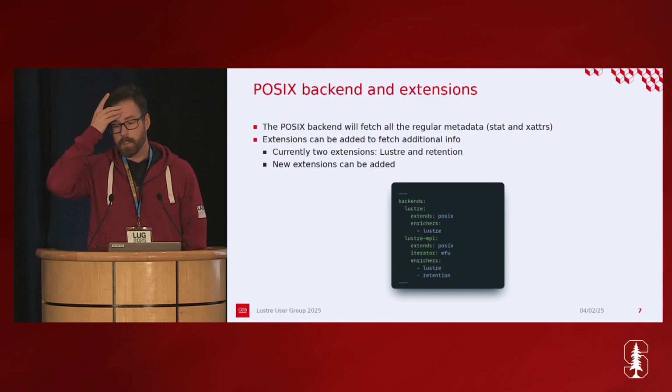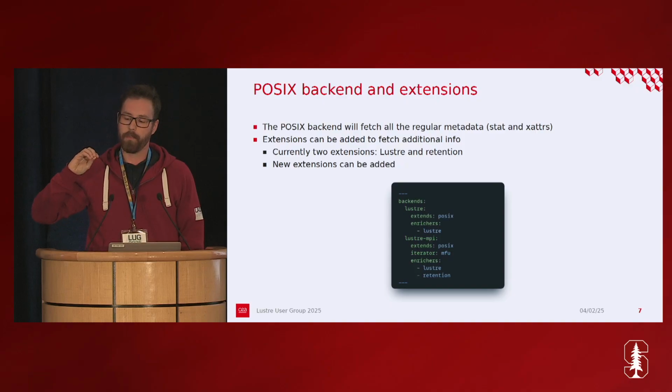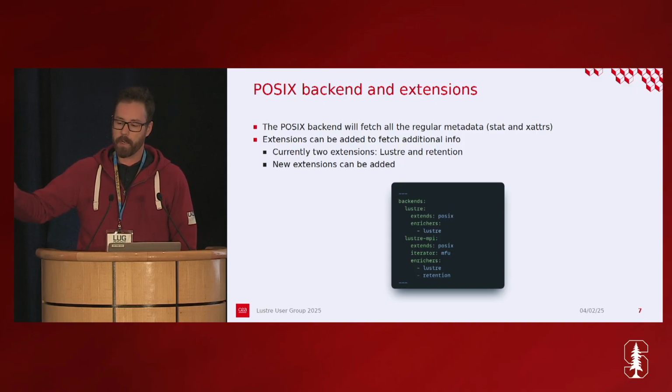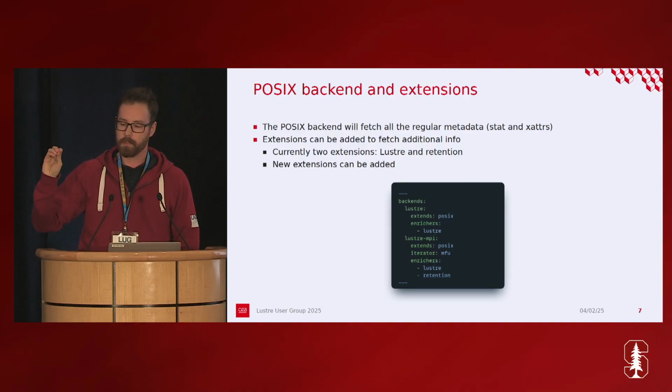So looking at file system backends, the way they work is that you have a basic POSIX backend that will simply traverse the file system and fetch the metadata of each entry in that file system. And then you can add extensions to that POSIX backend to fetch extra information.